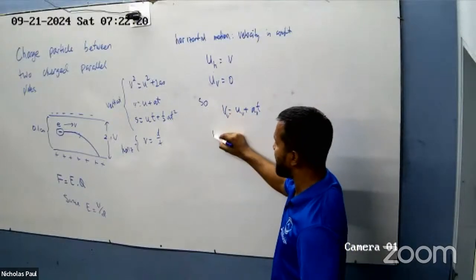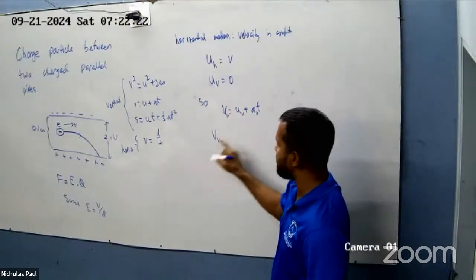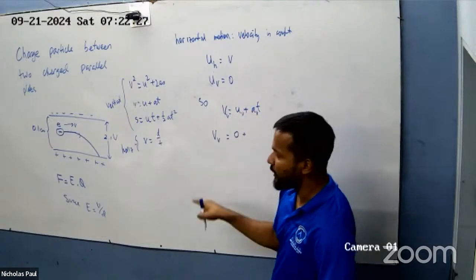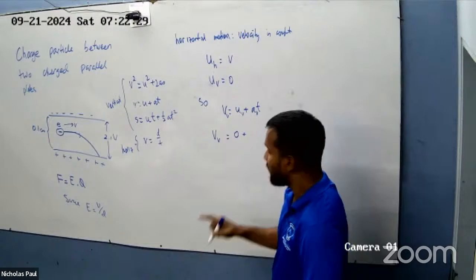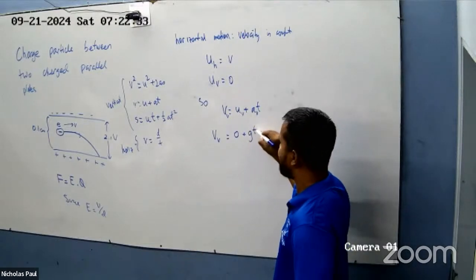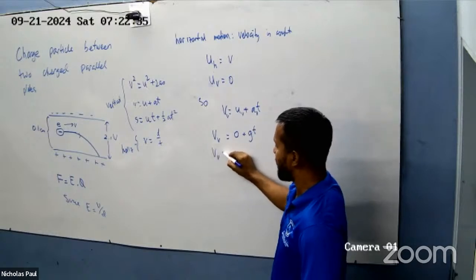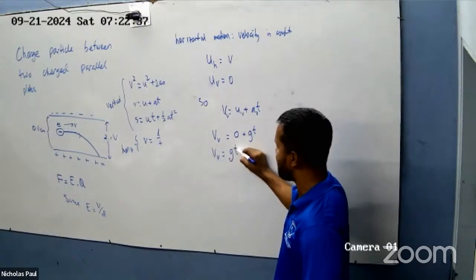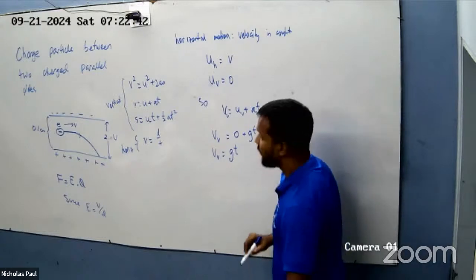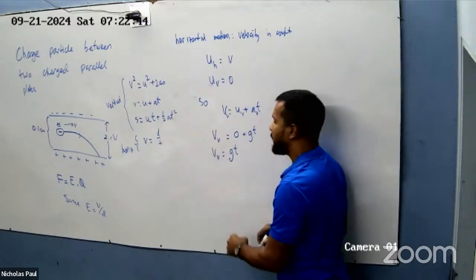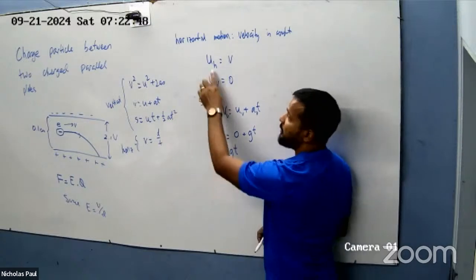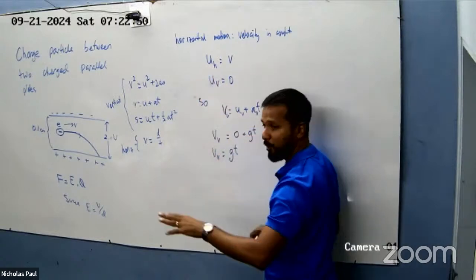So the vertical velocity at any point in time: initial is 0, gravity going down, so down is positive, so it's positive g times t. So your vertical velocity at any point is gt. That's unit 1, you have to learn that. And your horizontal velocity stays the same no matter what.